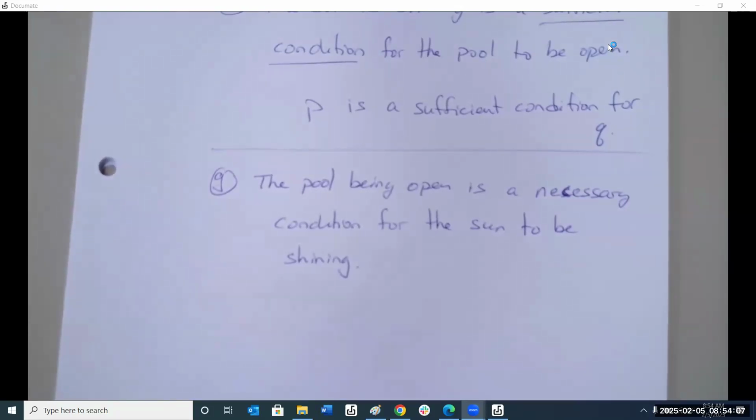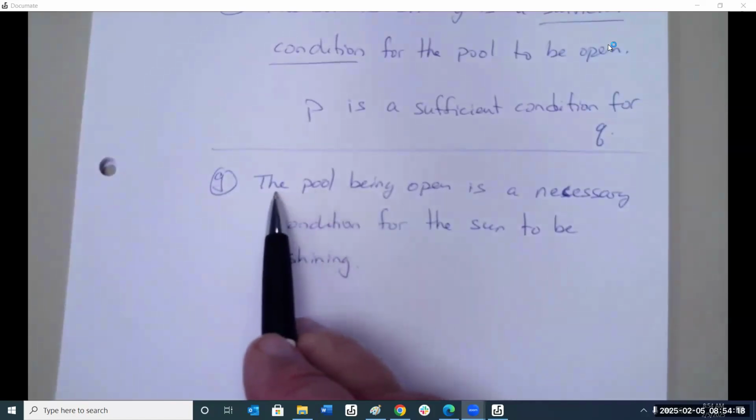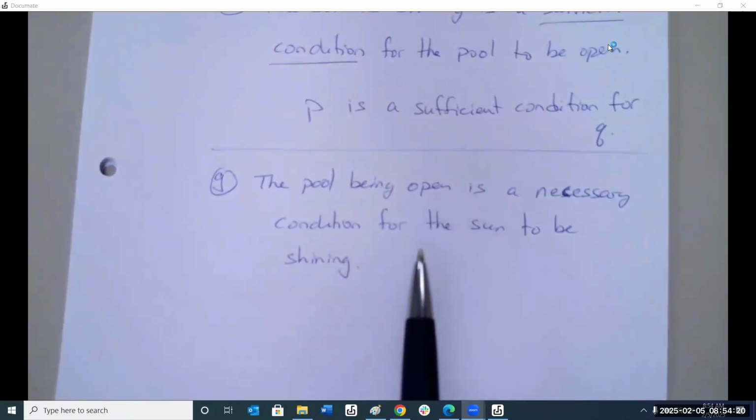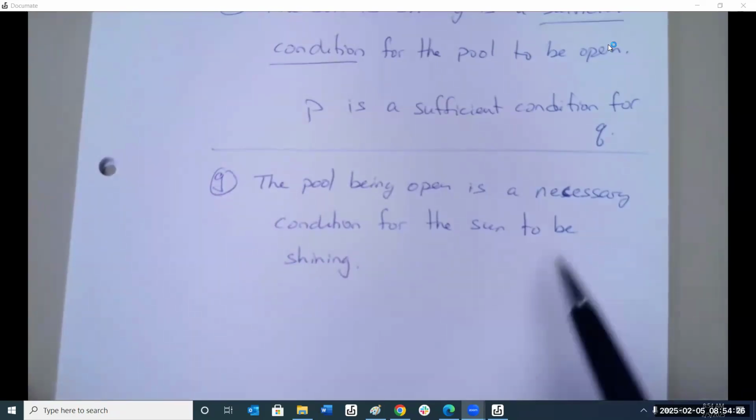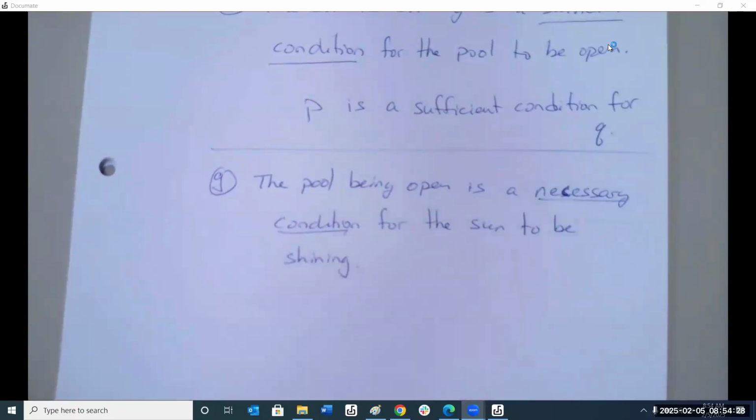Remember, if the sun is shining, then we know what's going to happen. The pool's open. If the pool's open, what do we know for sure? Then it's got to be sunny. So it's a necessary condition for it to be sunny.